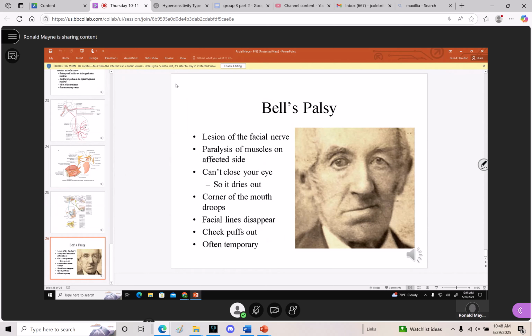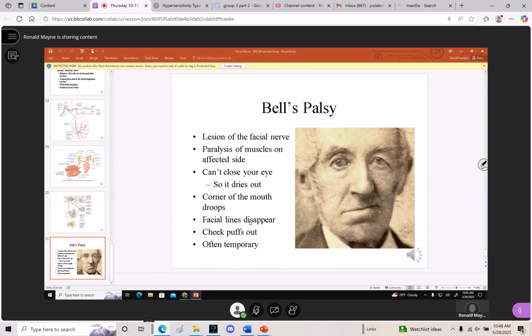And then one of the classic clinical disorders is Bell's palsy. Okay, and these are things that can happen if you have Bell's palsy. Partial paralysis of the face. The eye dries out because you can't close your eye. Corner of the mouth droops. This might be a good thing though.